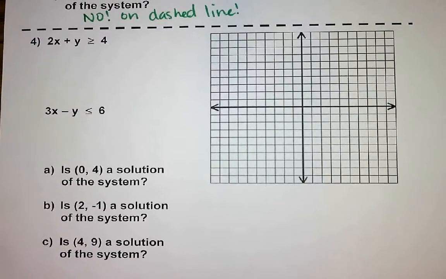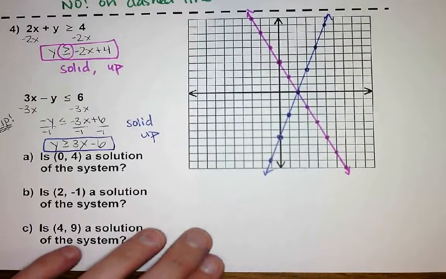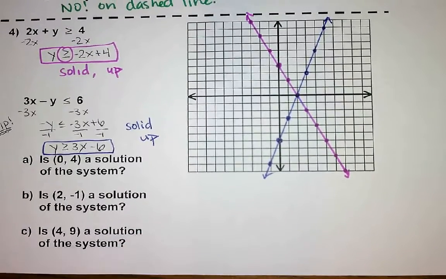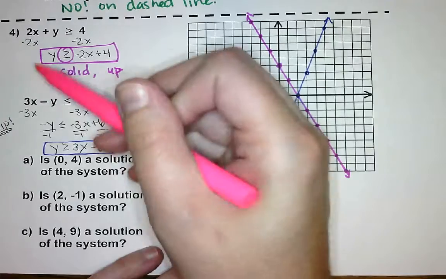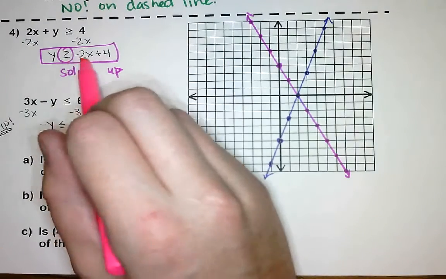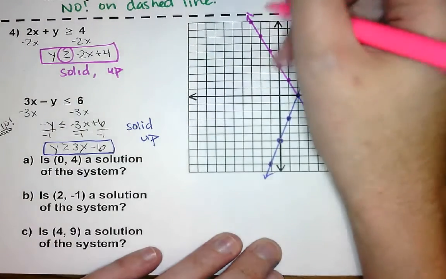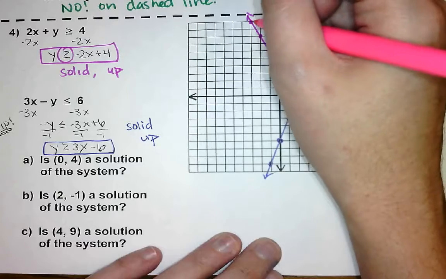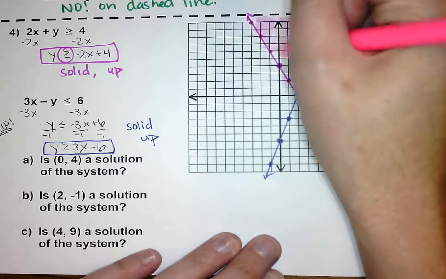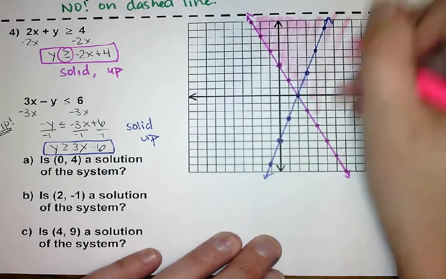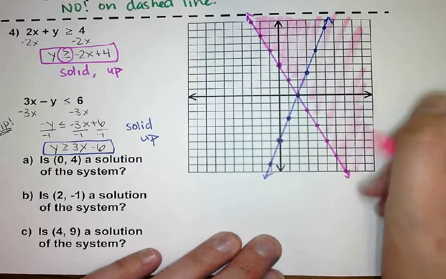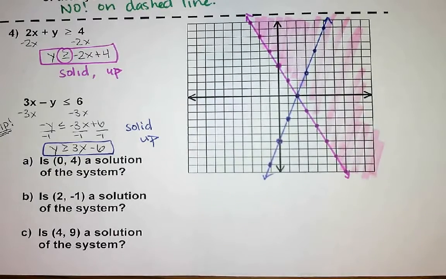All right, y'all, so for both of these, we have 2 solid lines. This one was y is greater than negative 2x plus 4, and so it was a solid line, and we needed to shade up there, correct? So we shaded up here, okay? And then for this guy, it was up and to the right.